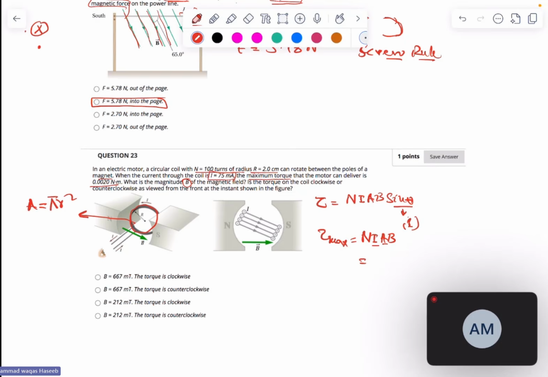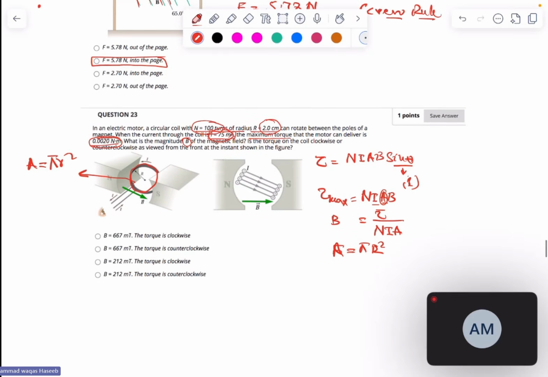So we want to find B, which is tau maximum divided by N I A, where A is pi r squared. You have the radius r, the current I, the torque, and the number of turns.